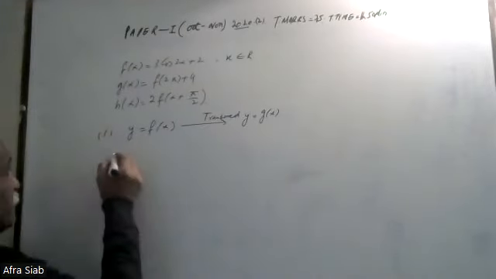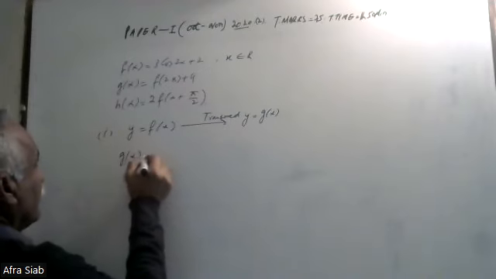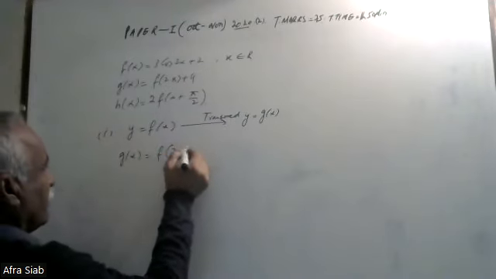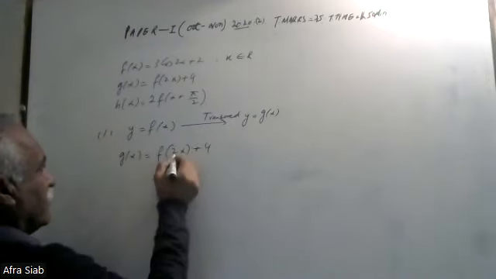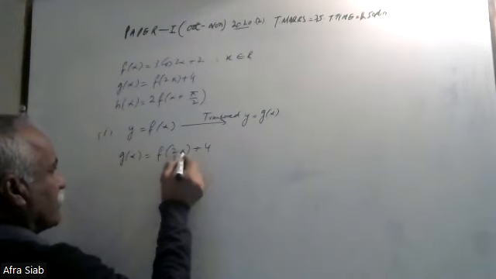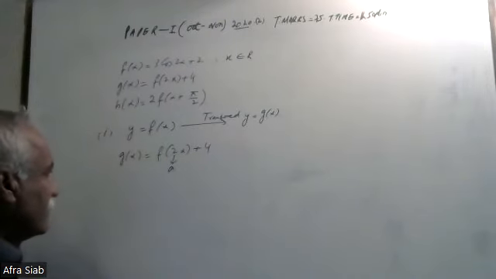We know one thing, that g of x is equal to f of 2x plus 4. So here a, which is 2x, is multiplied the function.